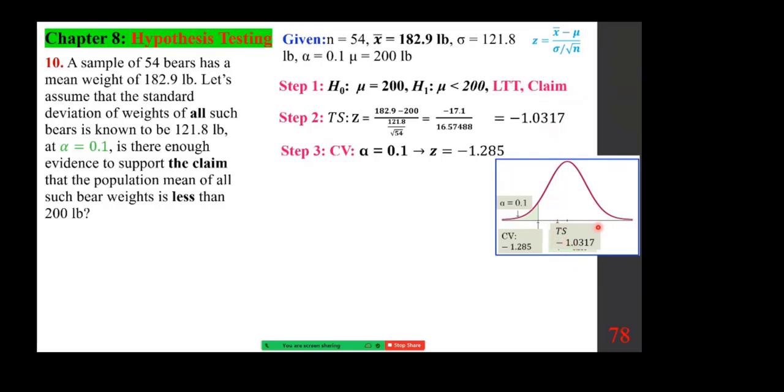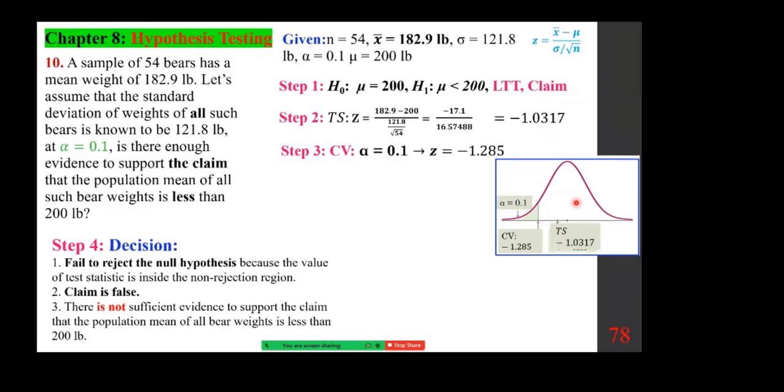And these are rough, okay? It's not precise, but it is way into the non-rejection region. So I'm going to compare the two numbers, which is the traditional method, and I'm going to discuss the p-value in a moment. As we compare, it's way into the non-rejection region, therefore fail to reject the null hypothesis.